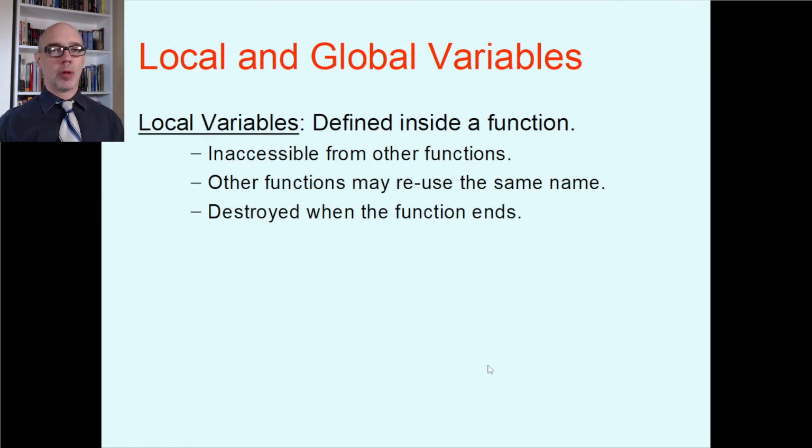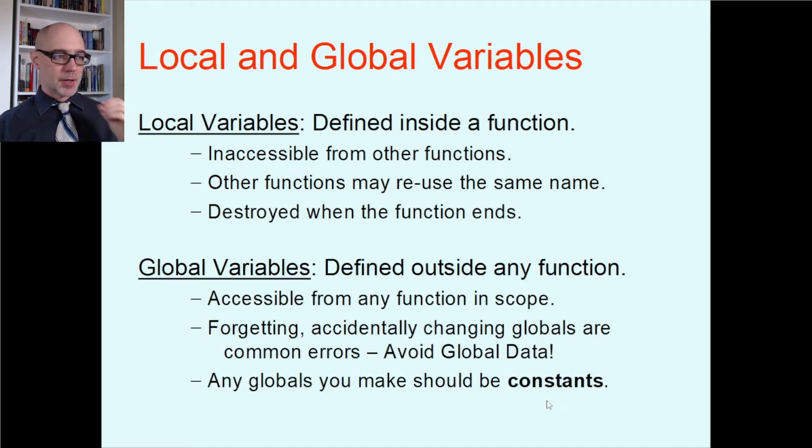So that's the normal thing. All the variables we've made so far are local variables, and that is what you should expect to do all the time. Now, admittedly, C and C++, these old school programming languages, have another option called global variables. You can define a variable outside a function, like before the main function even comes into existence. But that's trouble.